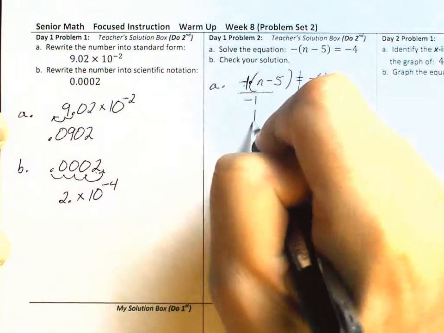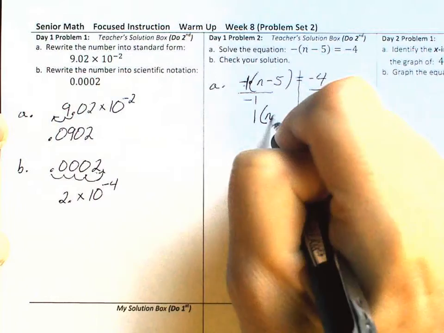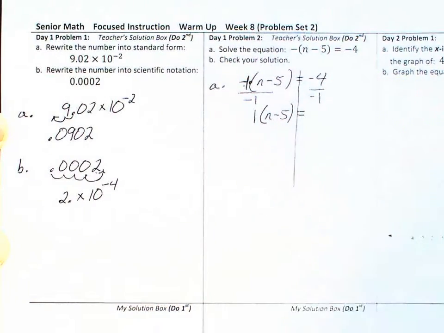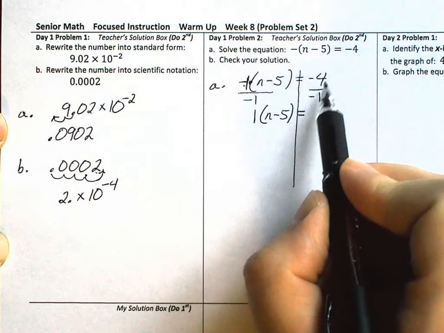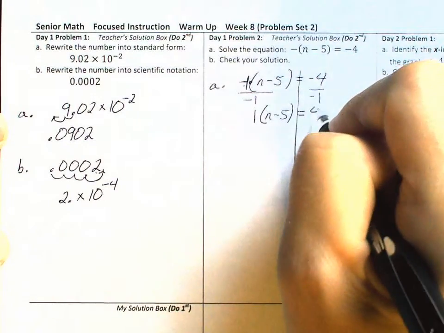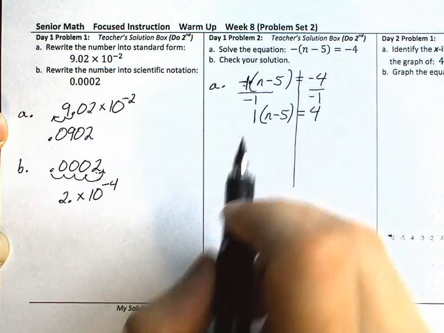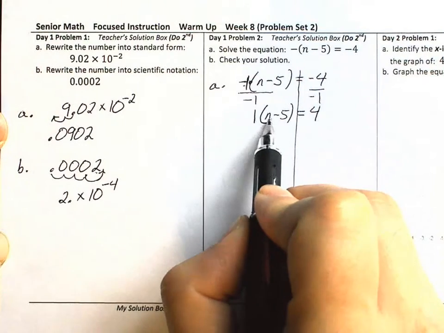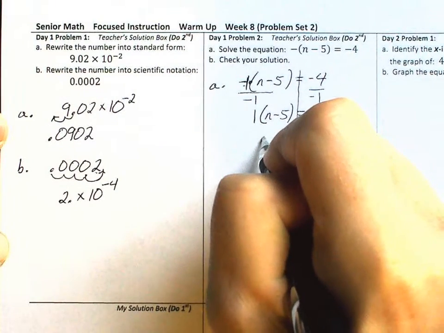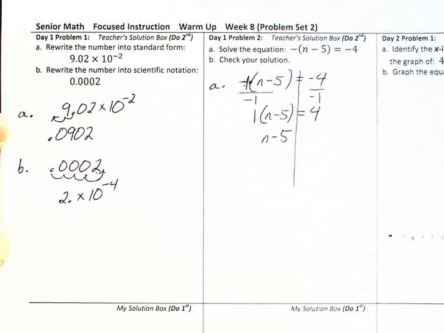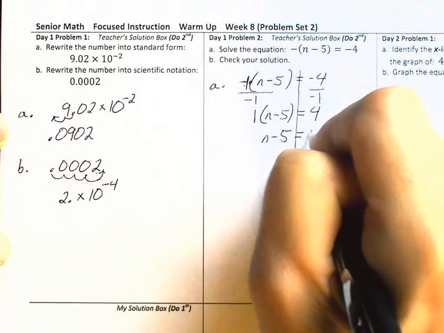So we get 1 times the quantity n minus 5 equals -4 divided by -1 is 4. But another way to write 1 times n minus 5 is just n minus 5 equals 4.